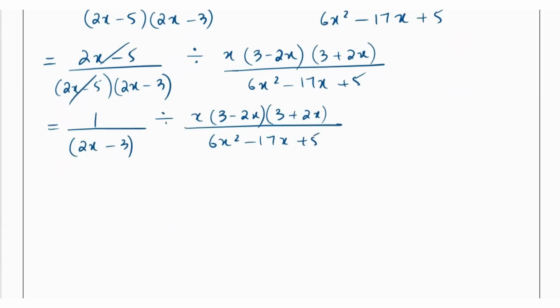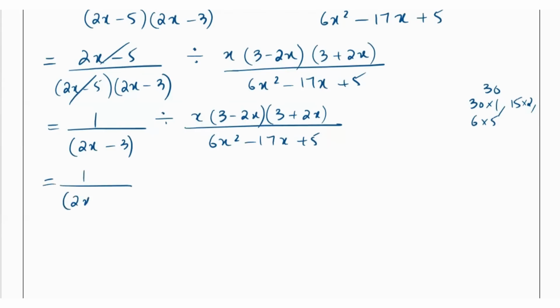Okay, now let's factorize this quadratic equation. So 6 times 5 is 30. Factors of 30 are 30 and 1, 15 and 2, 6 and 5. We can easily see that we can use 15 and 2 because 15 plus 2 is 17.